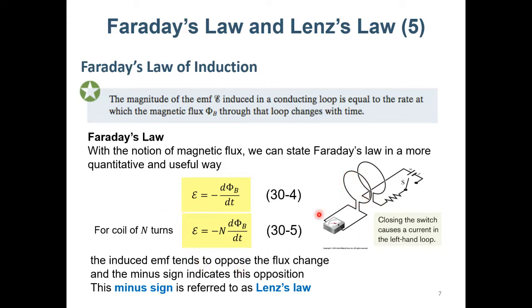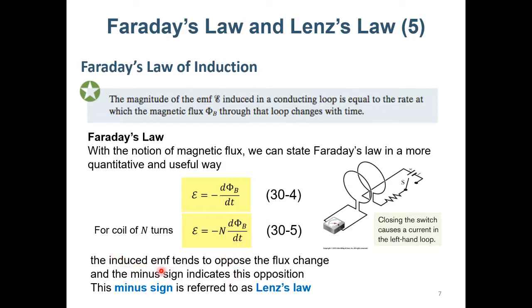And if the coil has N turns, we simply multiply by N in front. So it is something similar to what you have seen in the lab manual. The electromotive force equals the negative of the derivative of the magnetic flux.